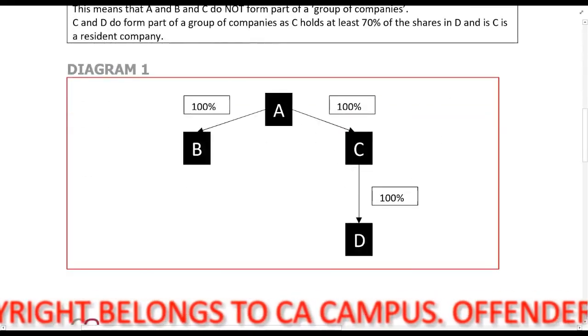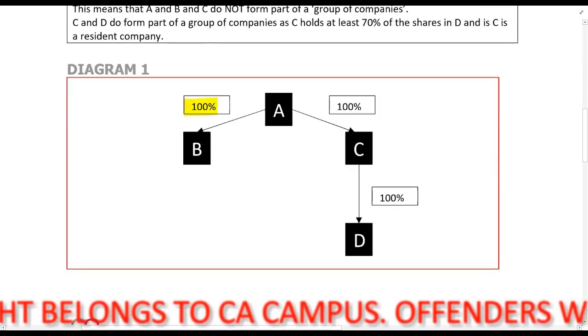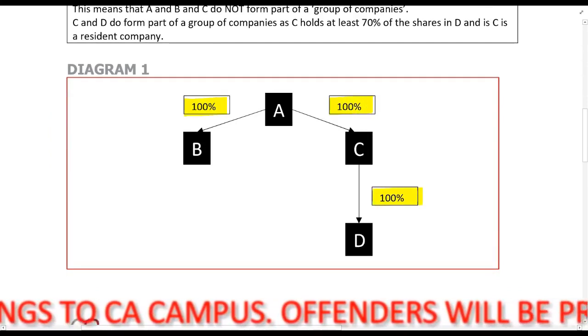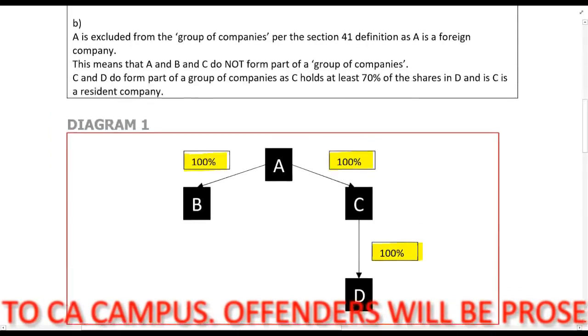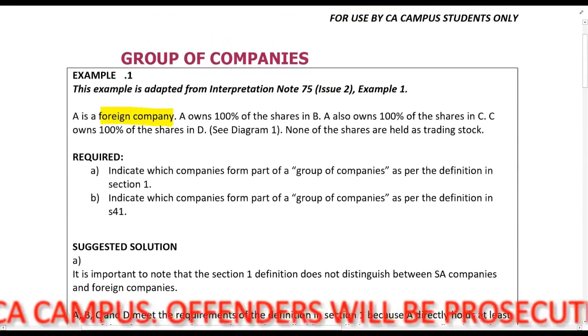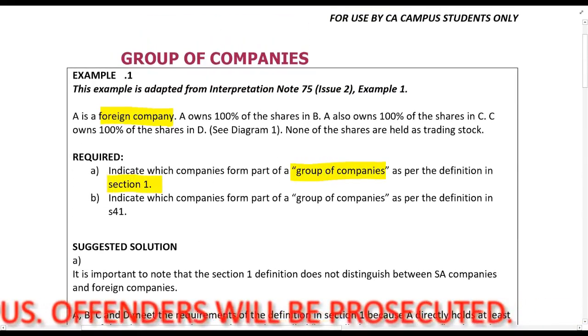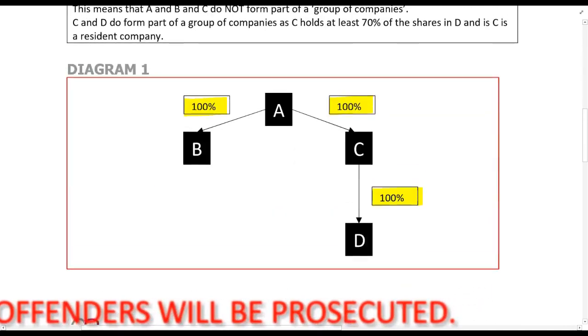Okay, so just to show you, A holds 100% of the shares in B, 100% of the shares in C, and C holds 100% of the shares in D. So now the question is, A, are these companies a group of companies for the definition in Section 1? Now what does the definition in Section 1 tell you?